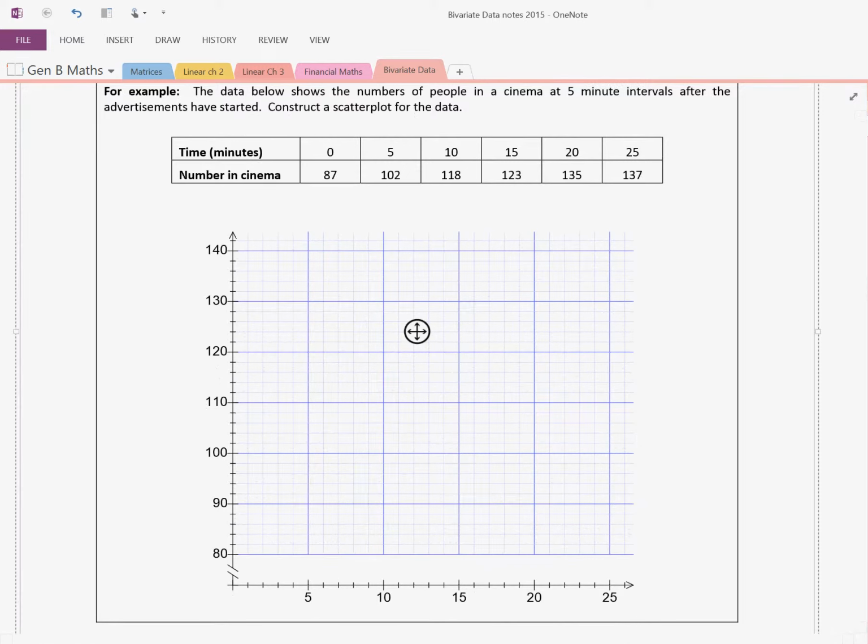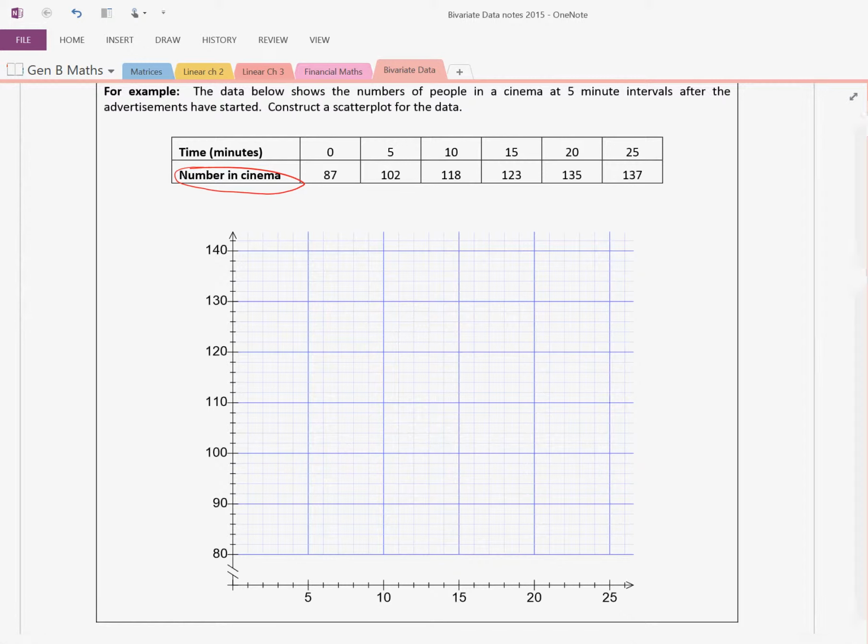So first of all, the number in the cinema, what does it depend on though? Which is our dependent variable, or what do we call the dependent variable now? The response variable. So what is our response variable in this example? The number in cinema is the response. So the number in cinema is going to go here, isn't it?